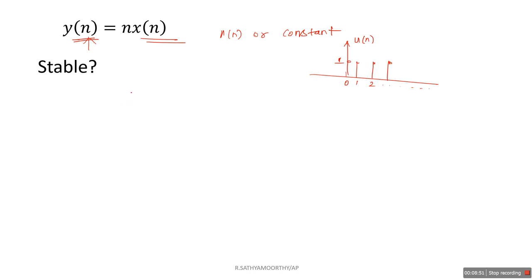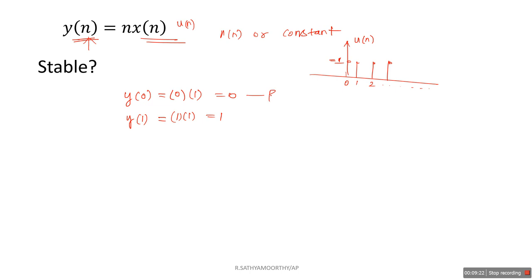I am going to substitute it for x of n. First I am checking the output at y of 0. What is n? n is 0, and x of n is u of n, whose value at time 0 is 1. So I get 0. Next I am checking the output at time index 1. I get 1.